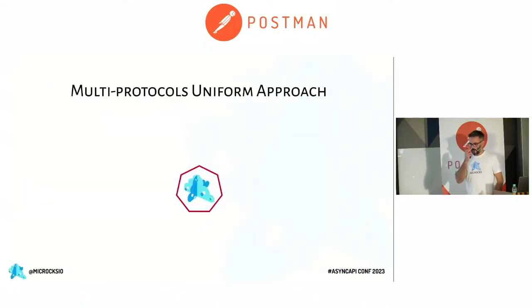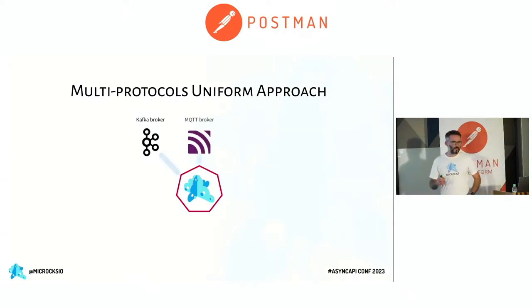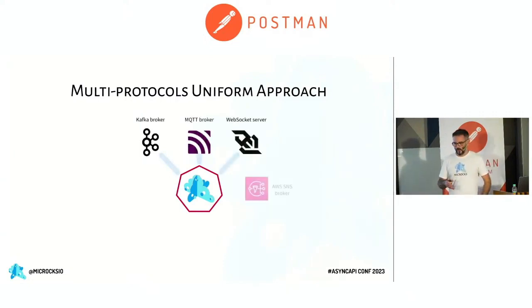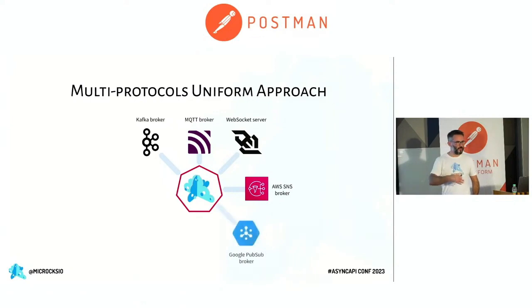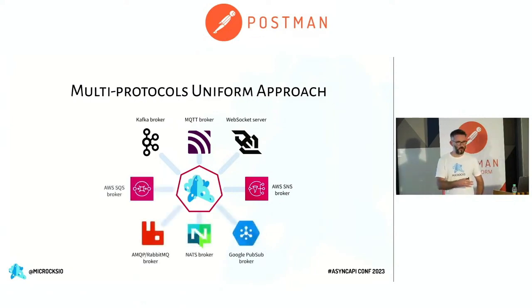So we talked about the unique thing about Microcks being consistent over different API styles, but when it comes to asynchronous protocols, we also have a very uniform approach. Whether you are dealing with microservices orchestration with Kafka, dynamic UX using WebSocket, lightweight or IoT connections using MQTT, or cloud-native messaging with AWS or Google PubSub, you have all these kinds of binding protocols already available in Microcks.